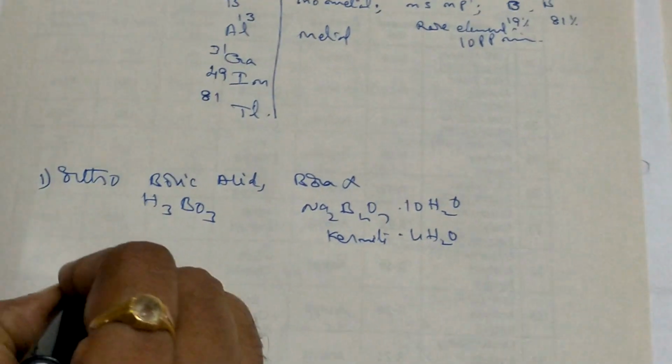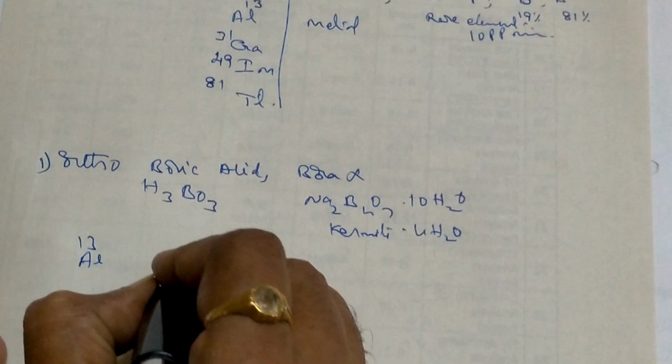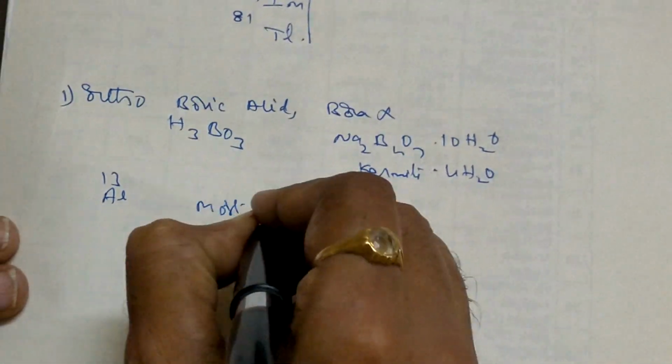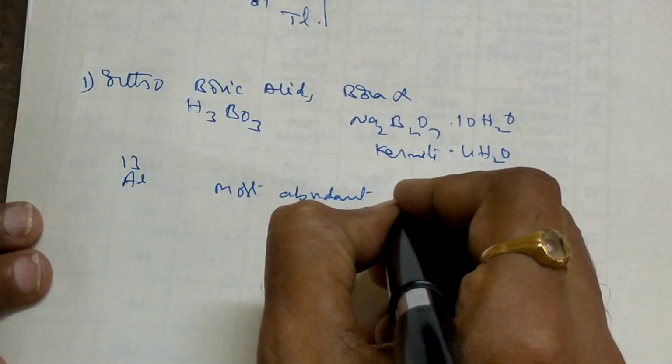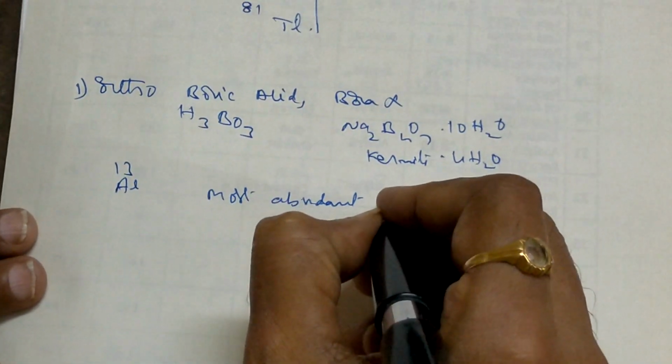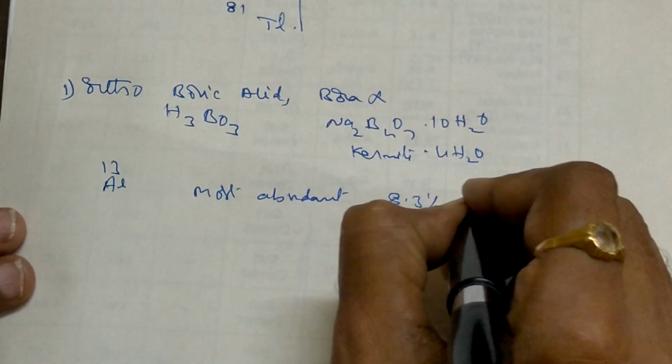If you see, aluminum is 13, and here also there is the d block. This one is the most abundant. Its availability is around 8.3%, the third most.